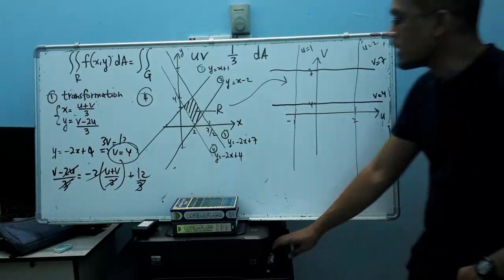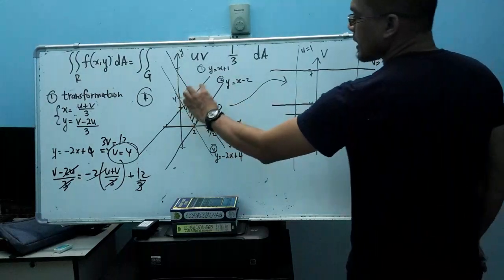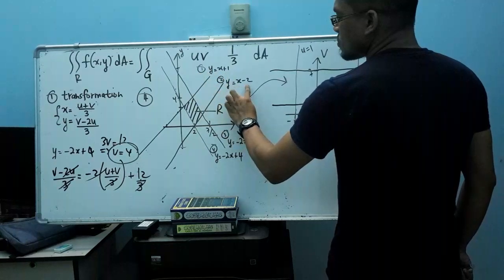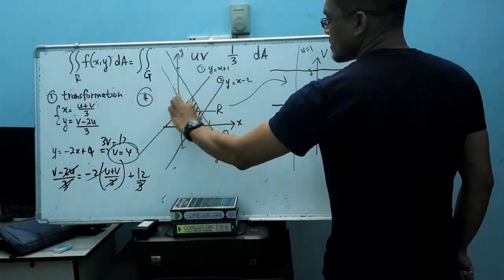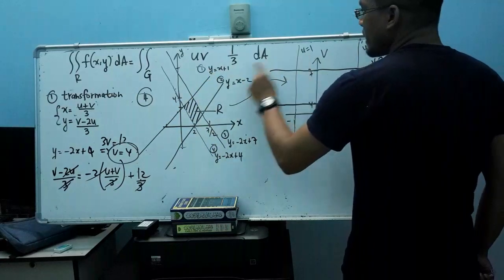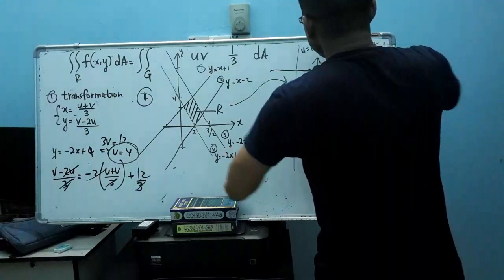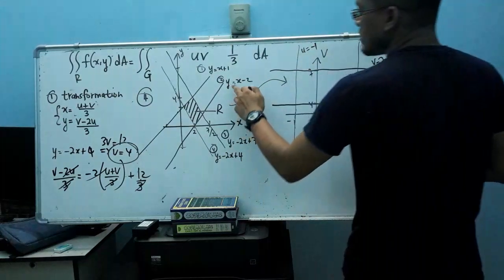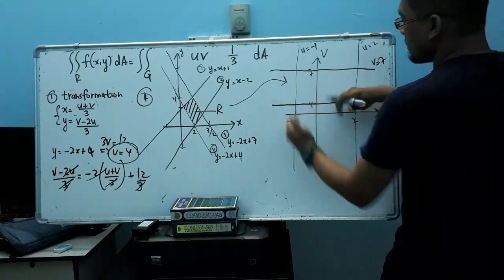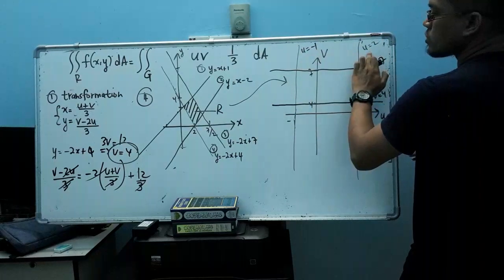And then you see, such R here is in between the line y equals x plus 1 and y equals x minus 2, right? In between these two lines. Since this line is u equals minus 1 and this one is u equals 2, in between means it will be between u equals minus 1 and u equals 2.